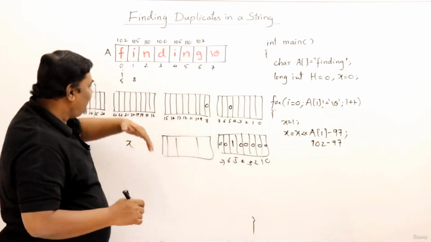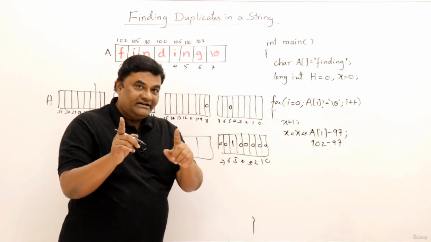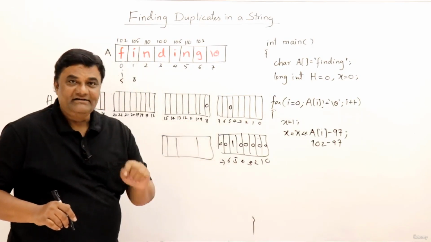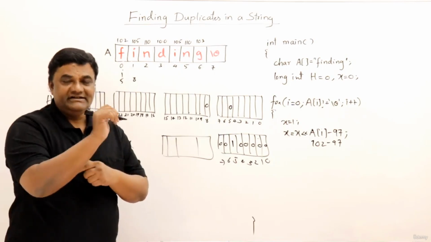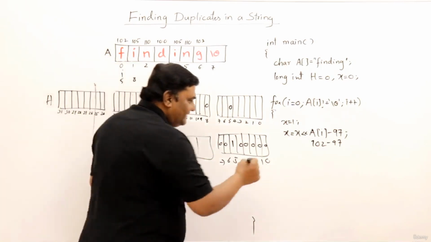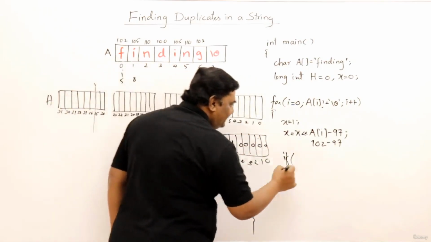Now check inside H whether that bit is on or not. If it is already on, it means it's a duplicate letter, already it's there. If it is off, then set it on. So I will check here. How to check whether this is on or not? By masking.